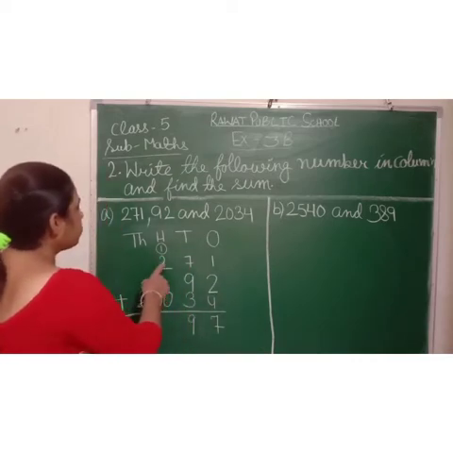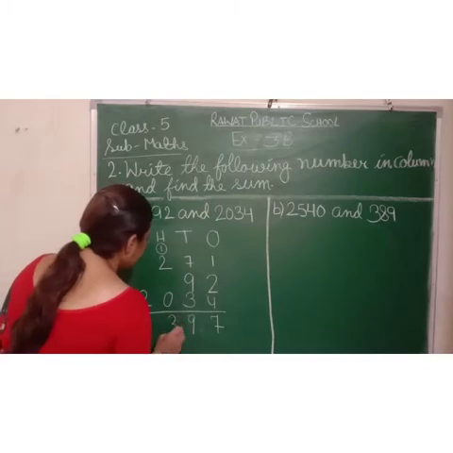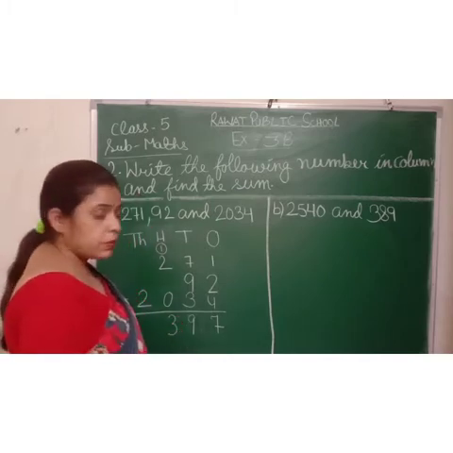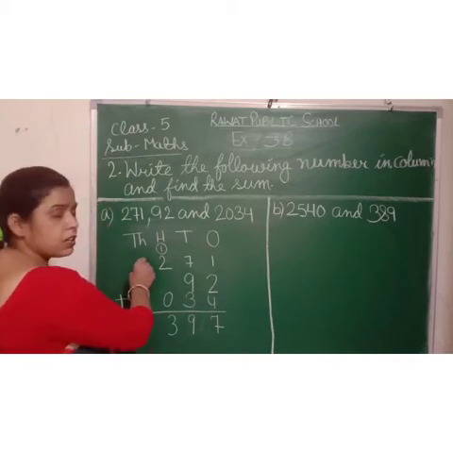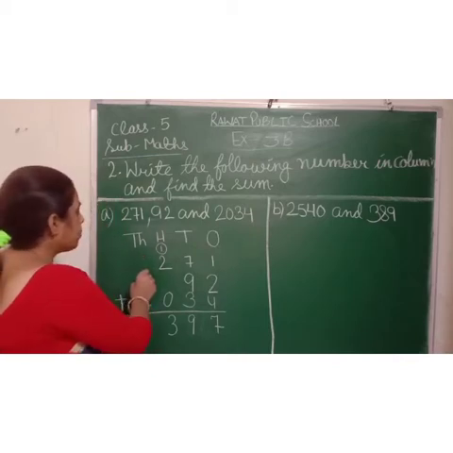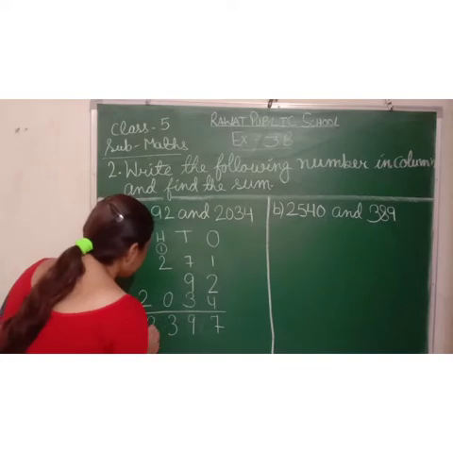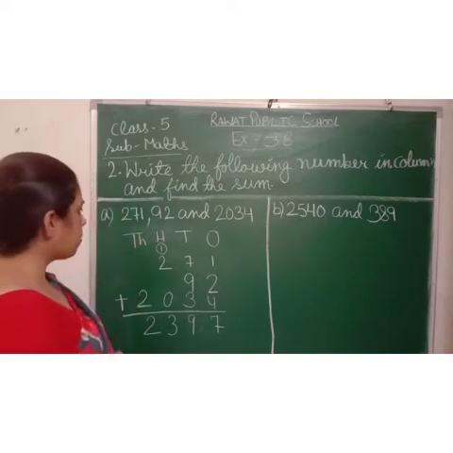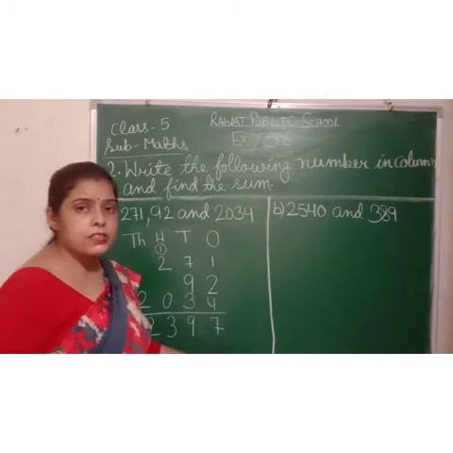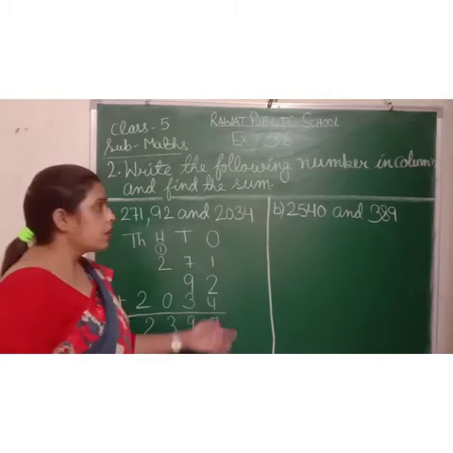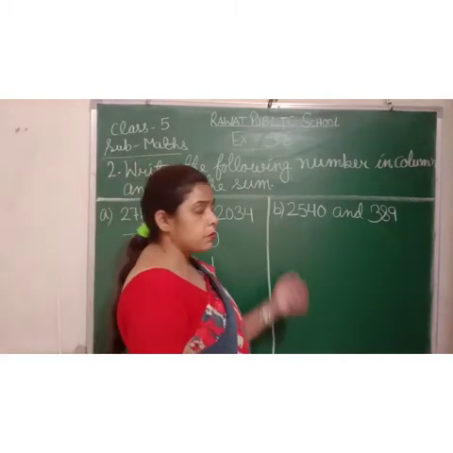And now 2 and 1, 3 will be here, and only 2 is here, no number is given above the 2, so we will write here only 2. It means the sum will be 2397.